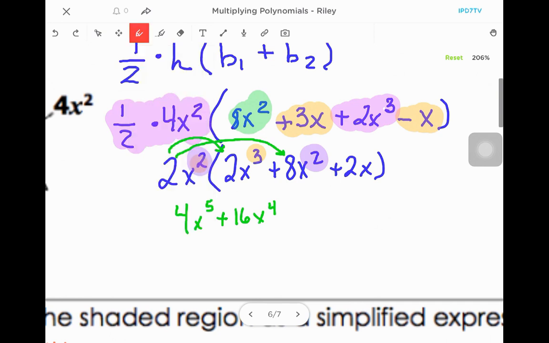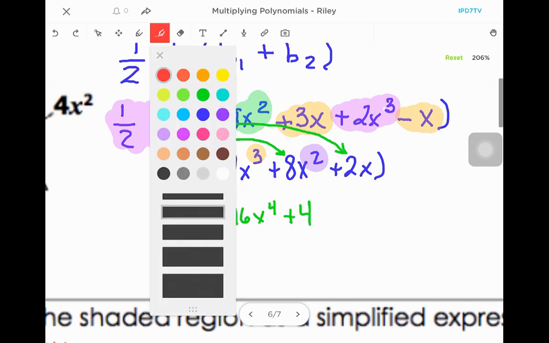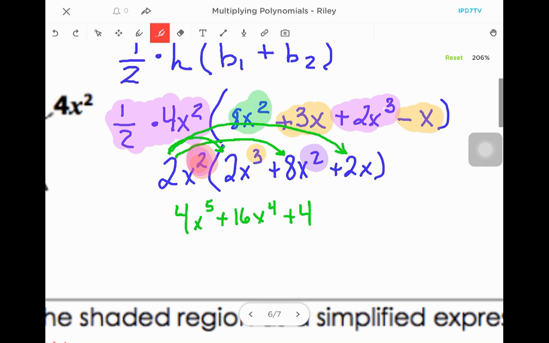And let's do one more. All right. So I have 2 times 2. That's 4 again. And I've got 2 plus 1 over here, which makes 3. So I have x to the third power.